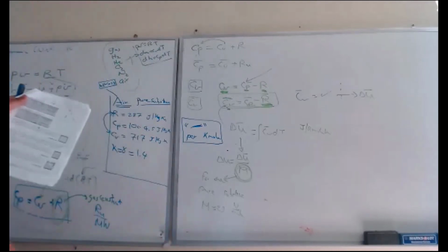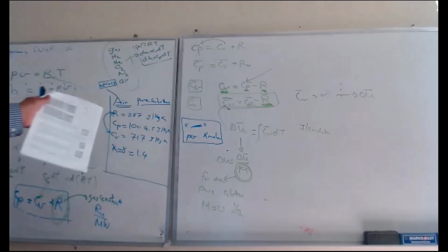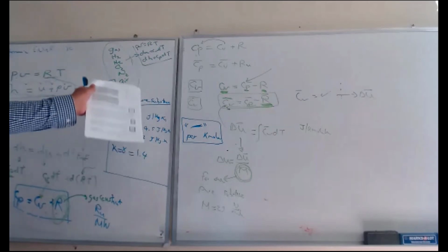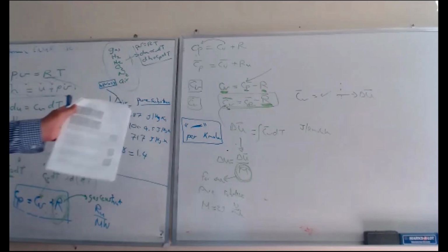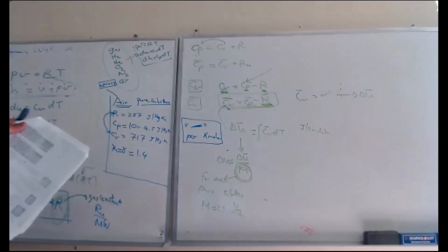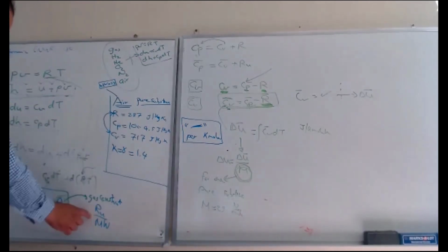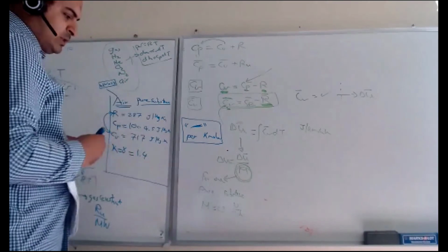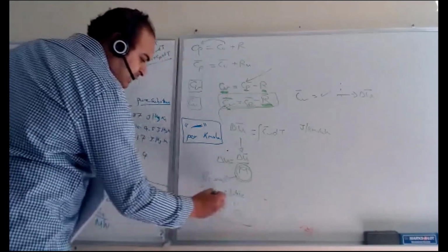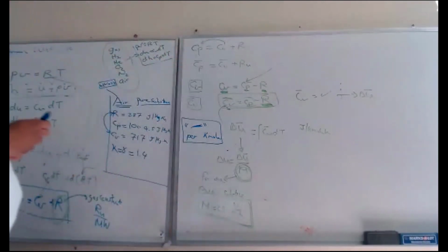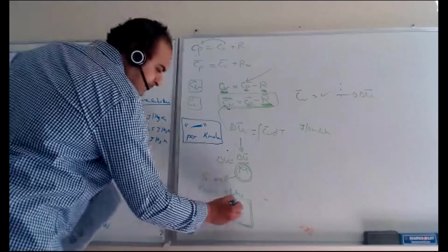On the board, on the right, M equals 29. This is the molecular weight of air. It's 29 kilogram per kilomole.